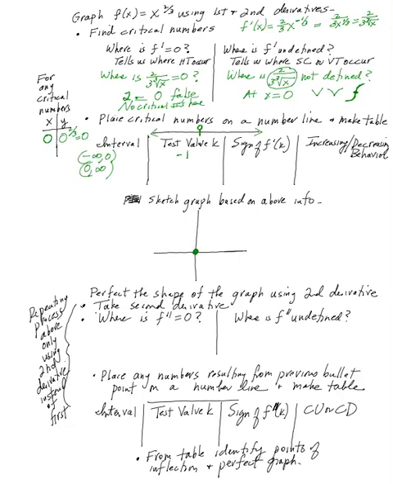The reason is that if the first derivative is positive, the function's increasing. If the first derivative is negative, the function's decreasing. It turns out that the behavior of this function is going to be the same throughout the interval, minus infinity to 0, and that would be another discussion, to think about why that occurs.